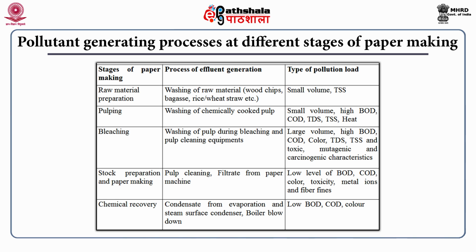So, from this table it is evident that major wastewater is generated during the bleaching process, and during other processes small volumes of wastewater are generated, but they contain BOD and COD. So, in the case of the pulp and paper industry, BOD, COD and color are the major pollutants of concern.